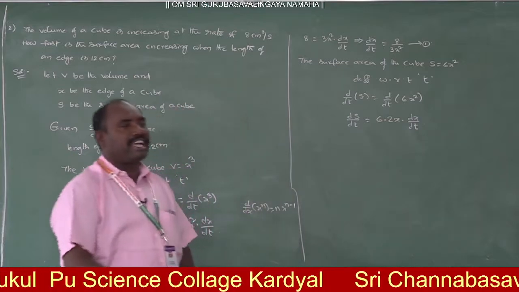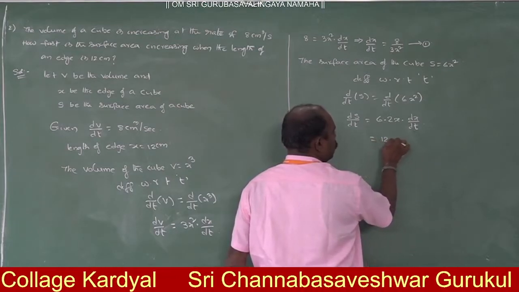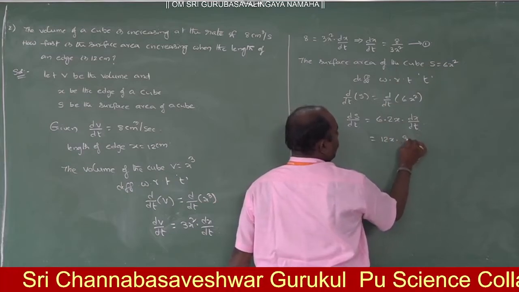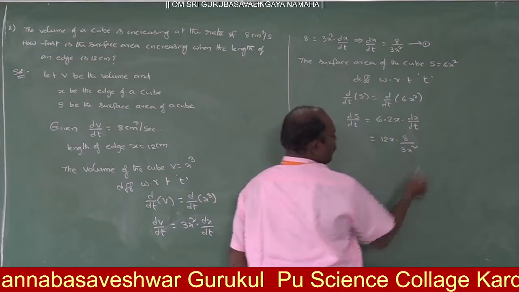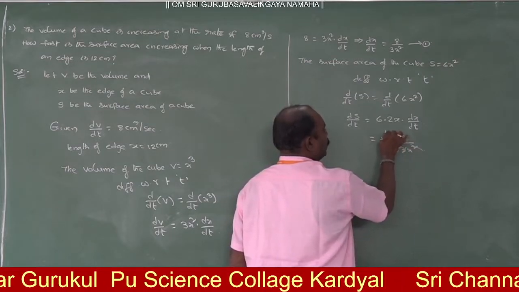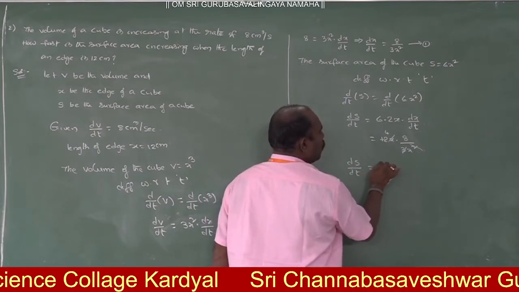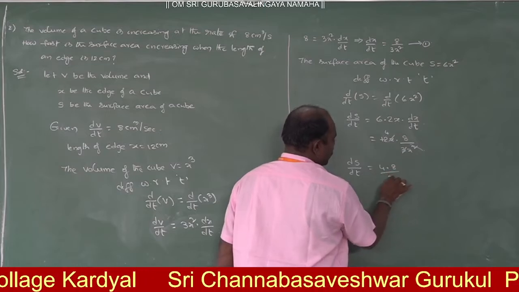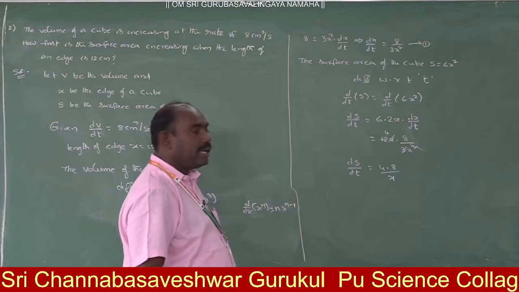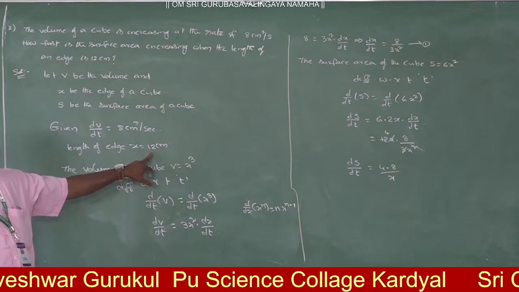We know the value of dx by dt from equation 1. So this value equal to 12x into dx by dt, from equation 1, 8 by 3x square. One x cancels, 3 ones are 3 and 3 fours are 12. So ds by dt equal to 4 into 8 by x. Here, we know the value of x, the edge value equal to 12 centimeters.